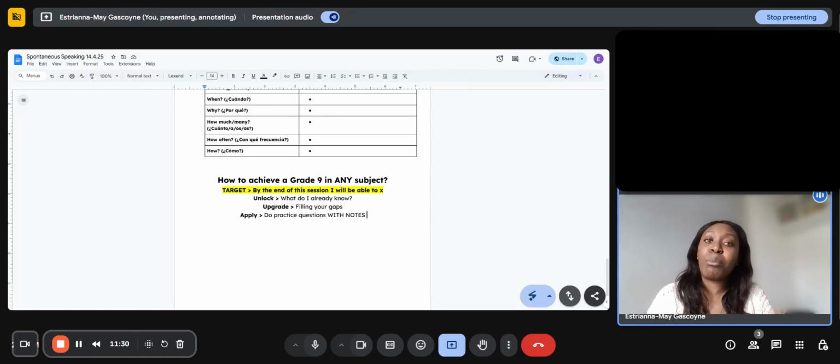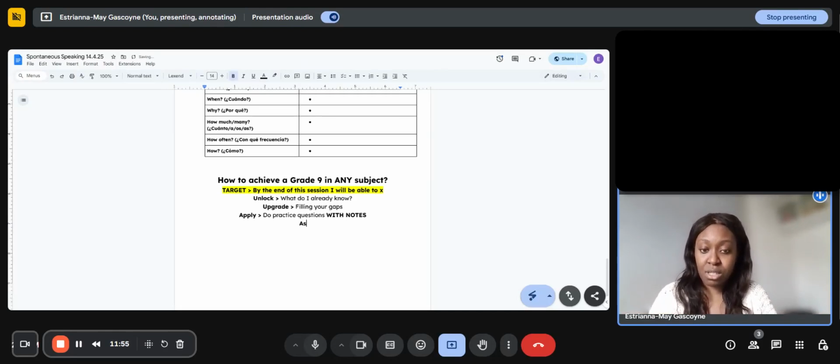The goal is being able to apply this knowledge, because regardless of what exam you're doing, whether it be Spanish, English or maths, you have to apply knowledge that you're learning. So the key thing is to apply them with your notes. That should be the biggest chunk of your session, and even in our lessons, it is the biggest chunk of our session.